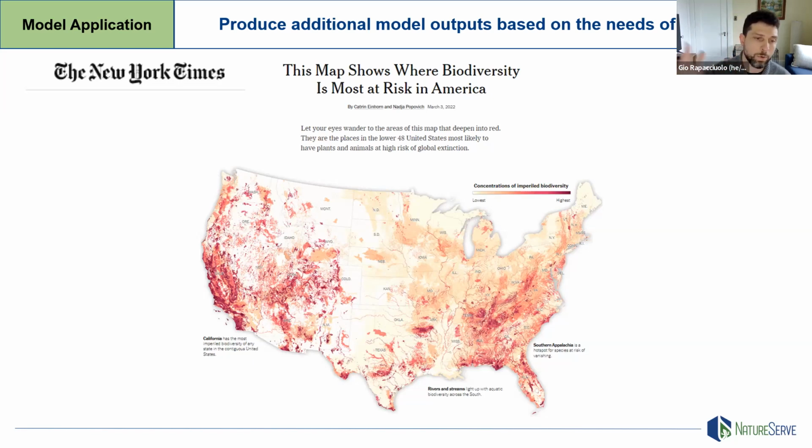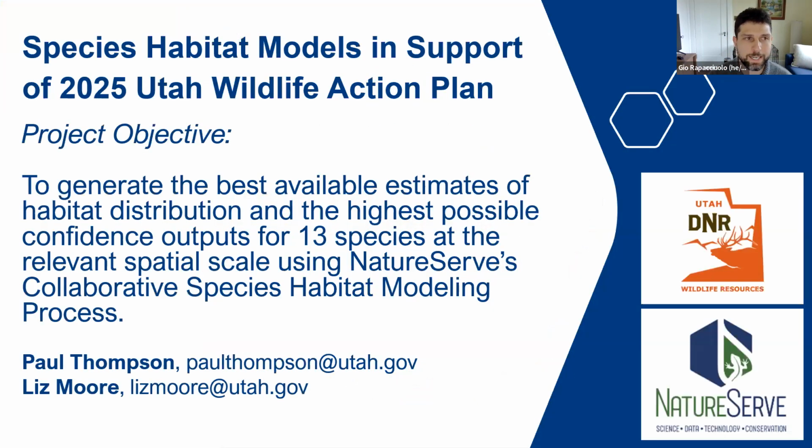This is output from the Map of Biodiversity Importance project, which was aiming to stack over 2,000 such models across the conterminous United States. And we're very happy that it was such a successful project that it actually ended up putting biodiversity mapping into the New York Times, which is something that happens very rarely. So we're still very excited about it, even though it happened some time ago now.